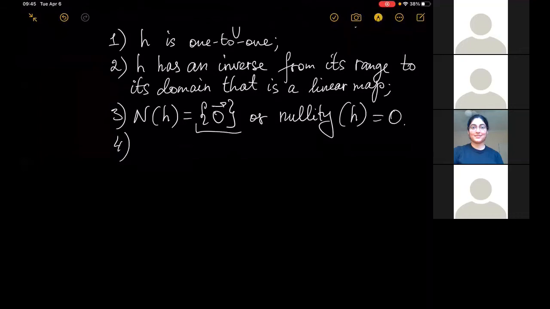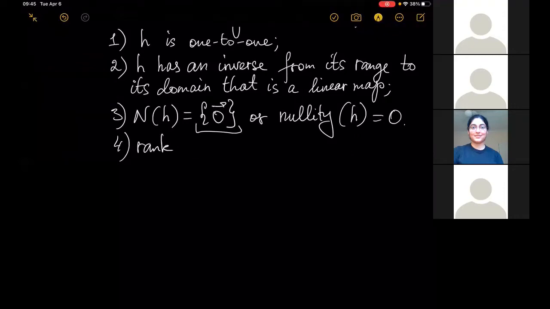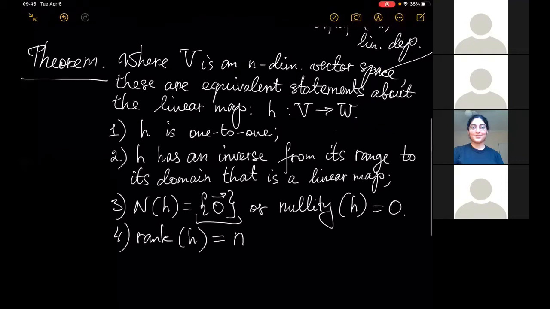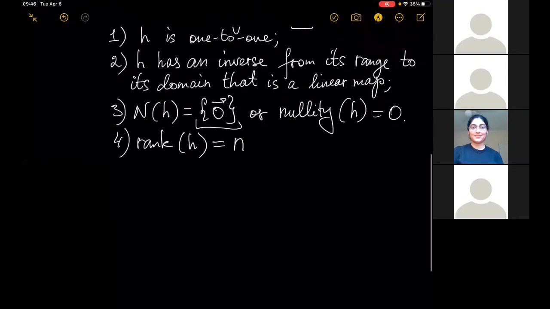If we have just the zero vector, the trivial subspace, the null space consisting of one vector, we know that by special agreement its dimension is 0. Four: the rank of the homomorphism is n, where n is the dimension of the domain V.